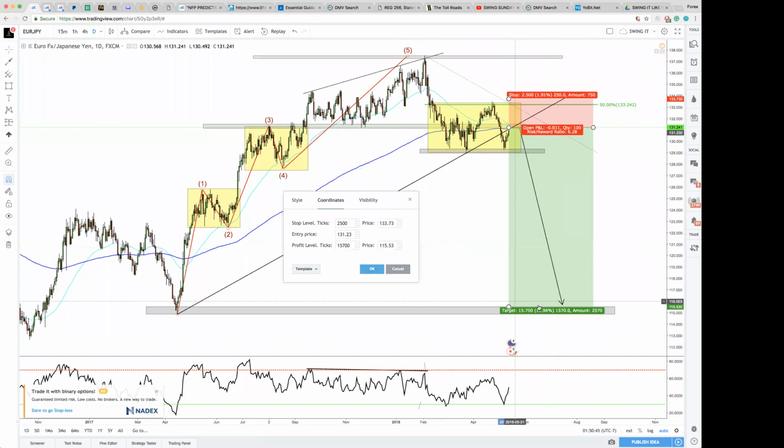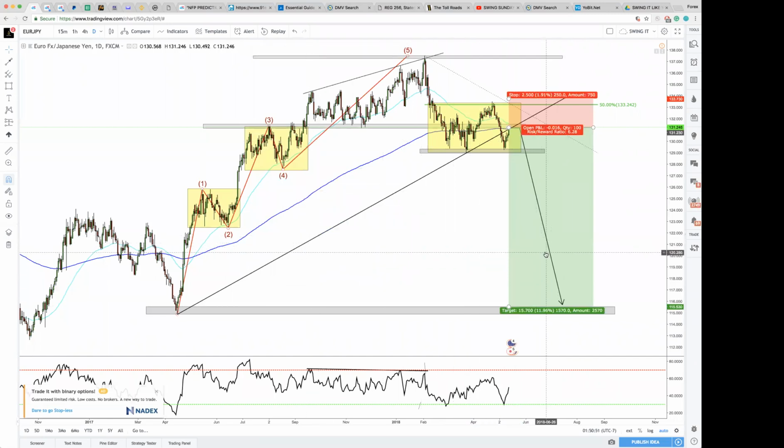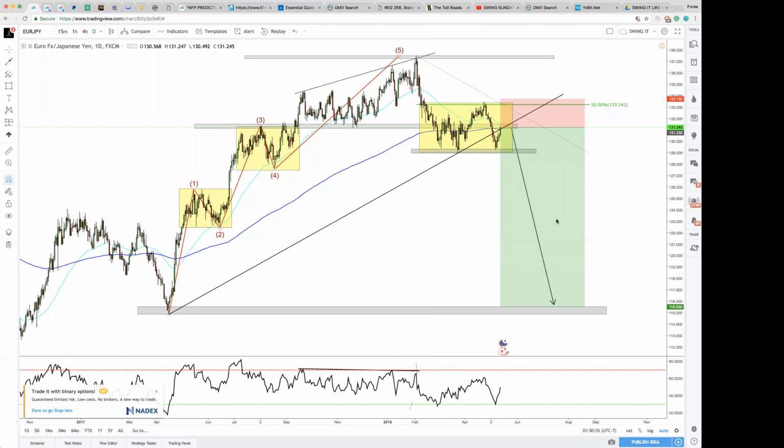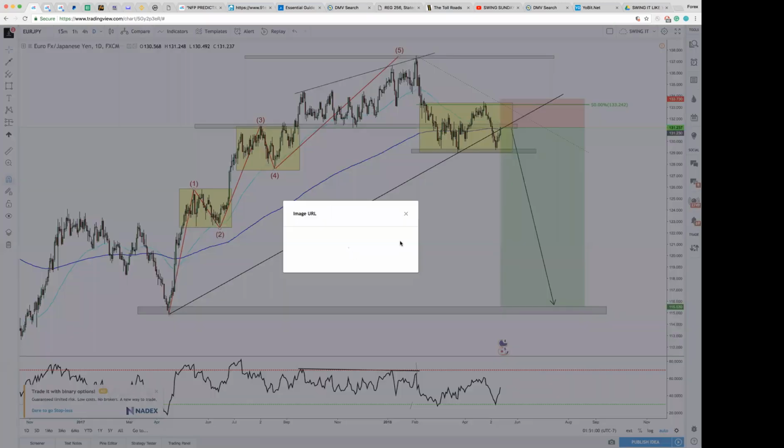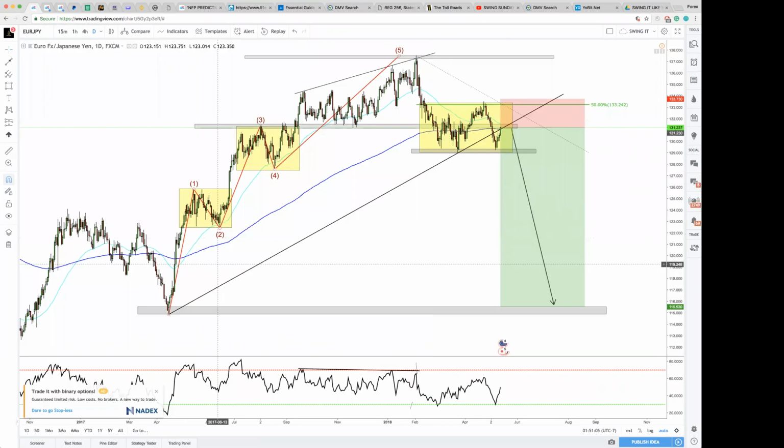So 1,500 pips, 1,570 to be exact. That's our take profit zone. So 1,500 pips is quite a lot, but at the same time, the stop loss quite adds up too. So just make sure you guys follow the perfect risk management. Otherwise, you're gonna blow your account if you do bad risk management. Okay. So we'll be looking for a sell on that trade.